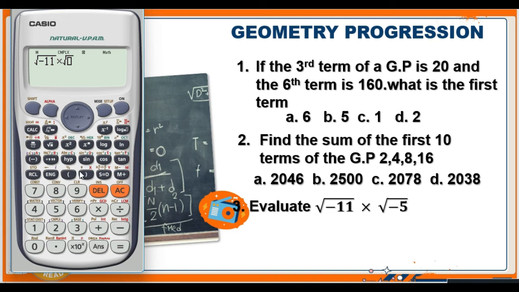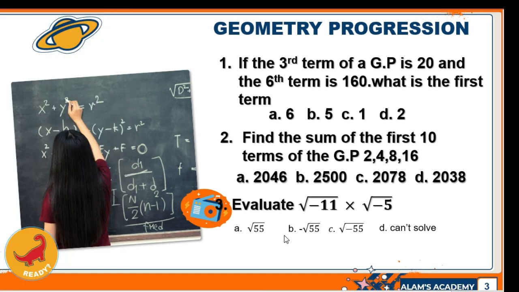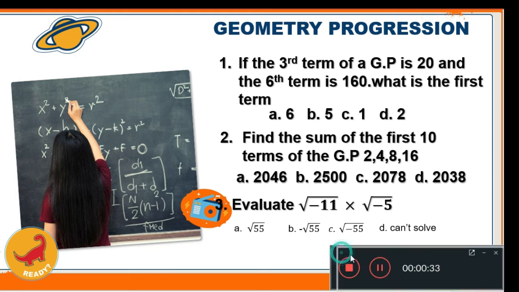So anytime you want to key in a negative inside the root, make sure your calculator is in the complex mode before you can do it. So our answer here is negative root 55. So don't think it can't be solved. So the answer here is negative root 55.